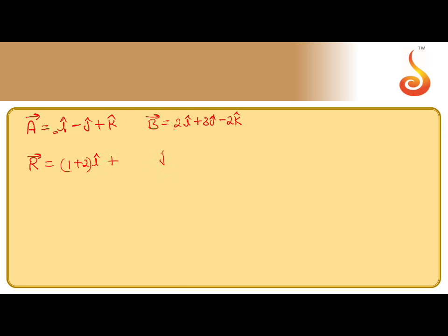Plus, if I take j common factor, here I have minus 1, here I have 3. Plus, if I take k common out, here I have plus 1. In the second equation, I have minus 2. So this will be 3i cap plus 2j cap minus k cap. This is the resultant vector, which we call as R equal to A plus B.